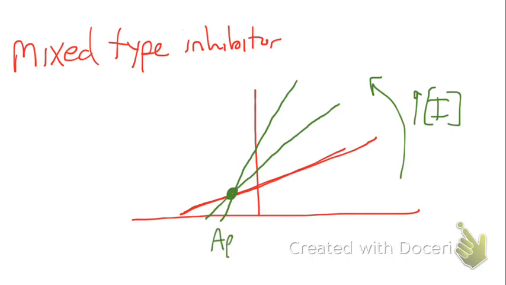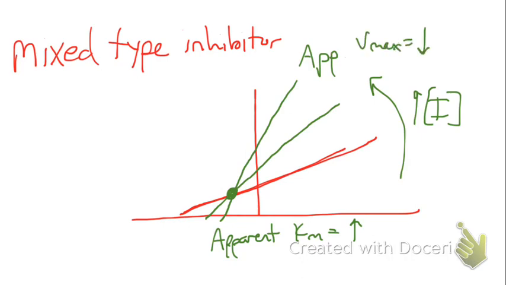The apparent Km is increasing, like what you saw with a competitive inhibitor. At the same time, the apparent Vmax is decreasing, like you saw with a non-competitive inhibitor. So this is why it's a mixed type inhibitor. It looks like a competitive, and it also looks like a non-competitive.